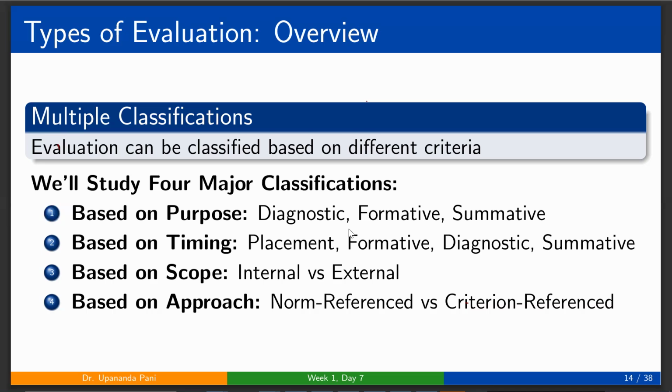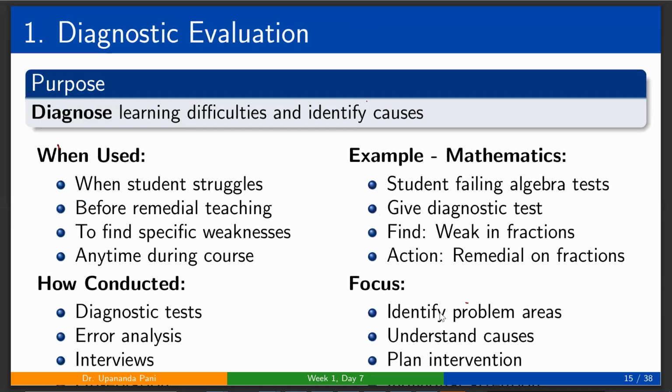Because already we have classified the types of evaluation, now diagnostic evaluation. What is diagnostic evaluation? The purpose is to diagnose learning difficulties and to identify causes. We use it when a student struggles, before remedial teaching, to find specific weakness, anytime during the course.